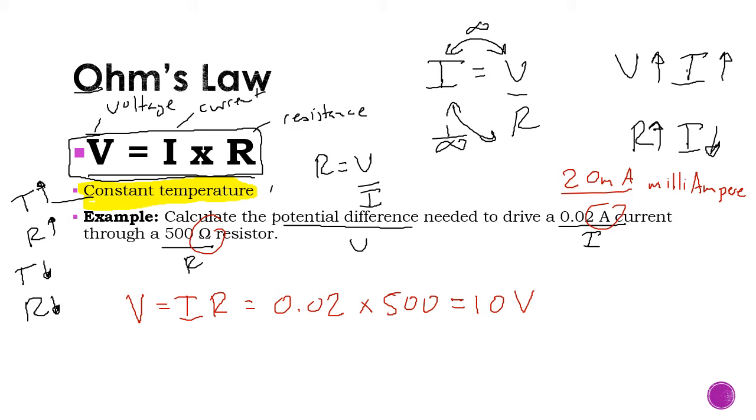I have to convert it to ampere to get the answer in volts with this resistance. So all I'll do is divide 20 by 1000, if it was given in milliamperes. It gives me 0.02 amperes, and after that we use it just like we used it here. That's if the current was in milliamperes, not if it was in amperes. So you just convert it from milliampere to ampere.